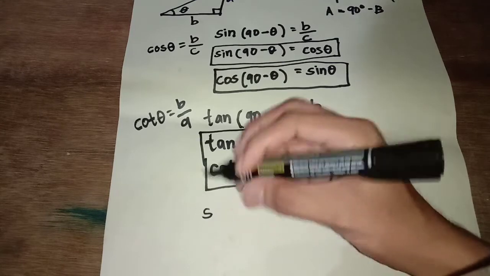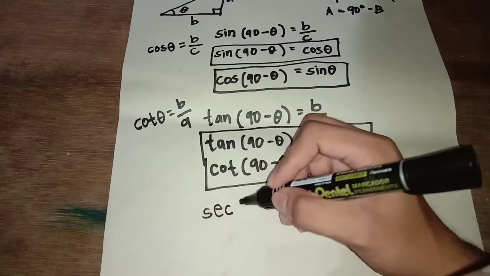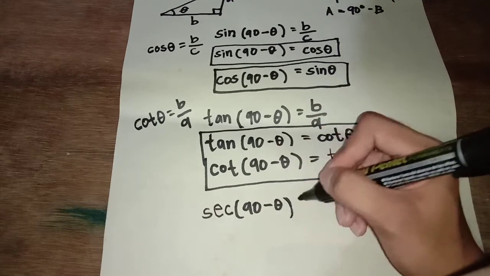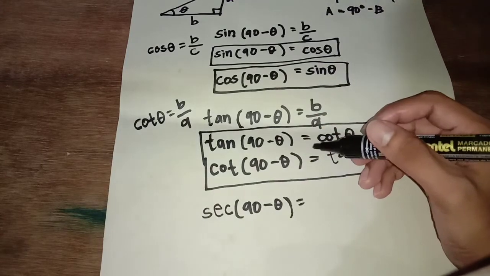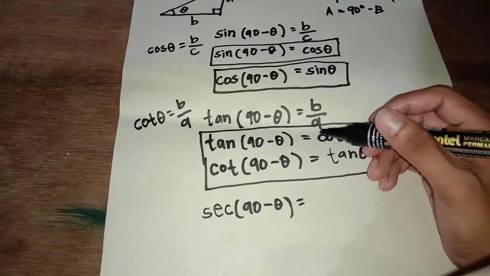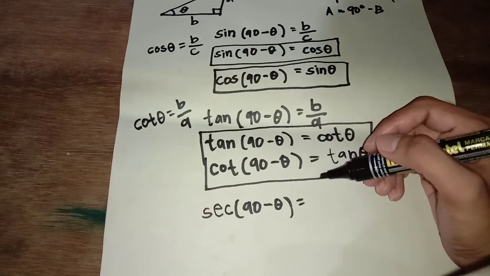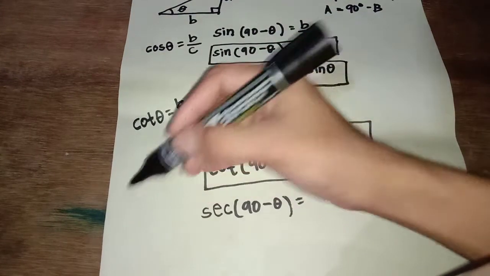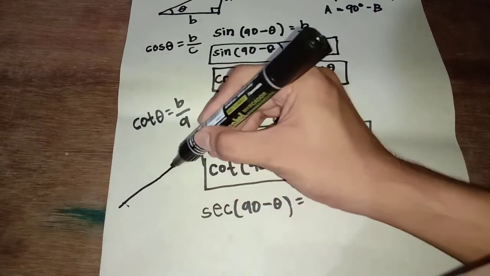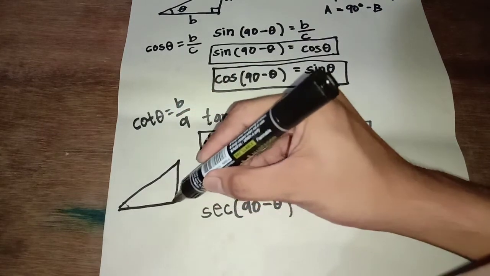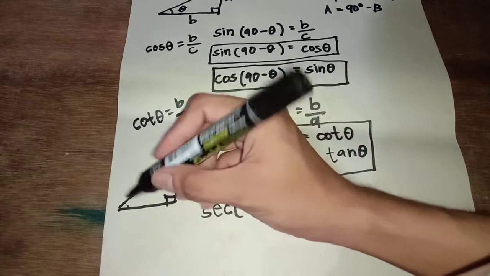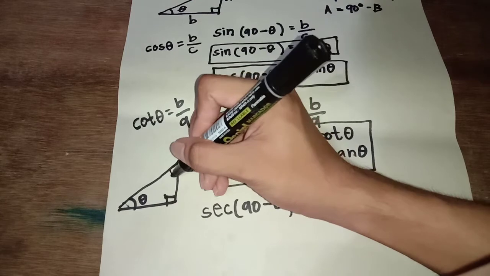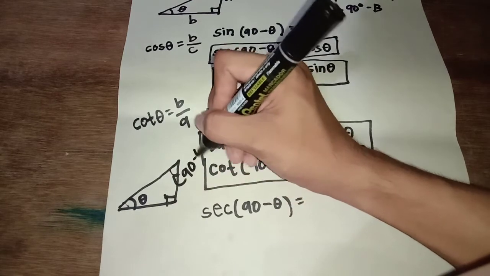Try natin yung secant. So secant 90 minus theta. Ang secant is that is the opposite of the cosine. So mag-draw muna ulit tayo ng triangle dito, ng right triangle, kasi natakpan na. This is 90, this is the theta. This angle is 90 minus theta.